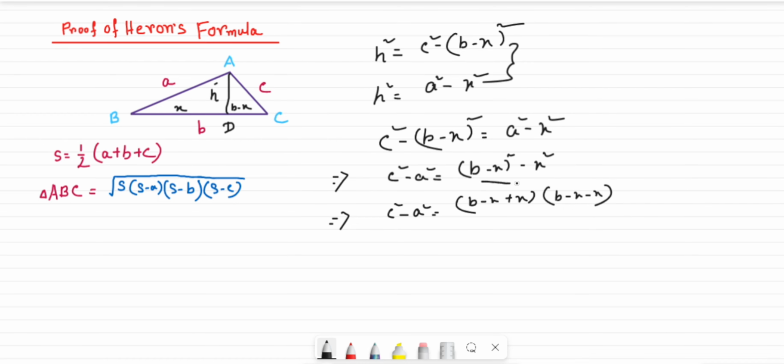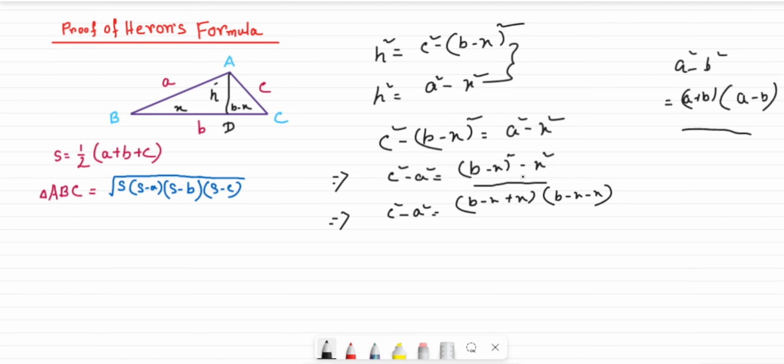This is the common formula, I mean the basic formula, all of us should know this one, that is A square minus B square is A plus B into A minus B, right? So we are applying the same logic here also.